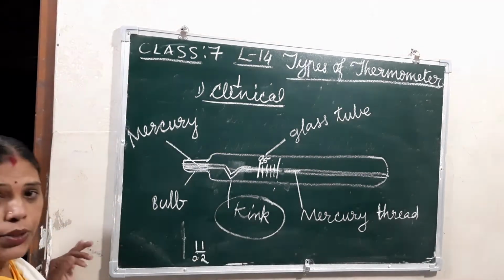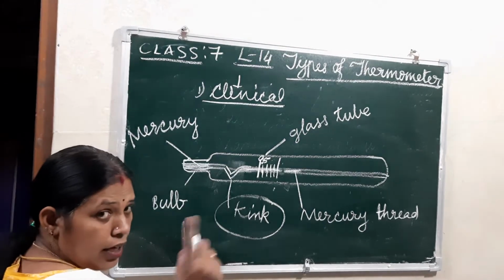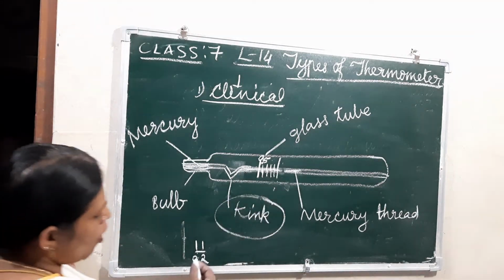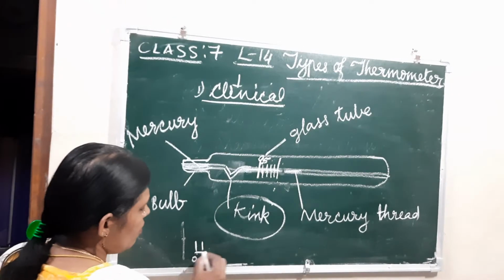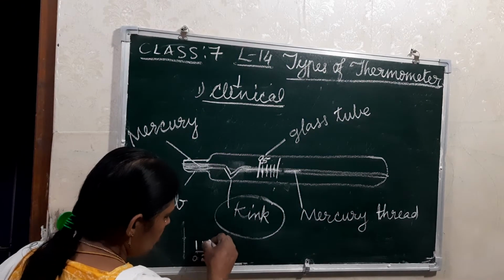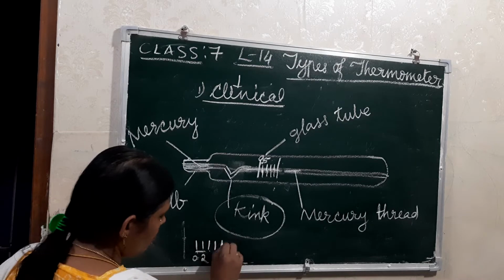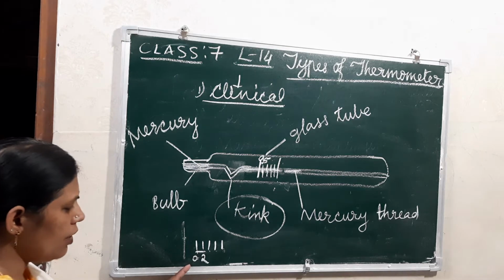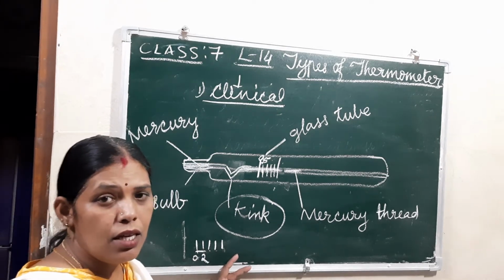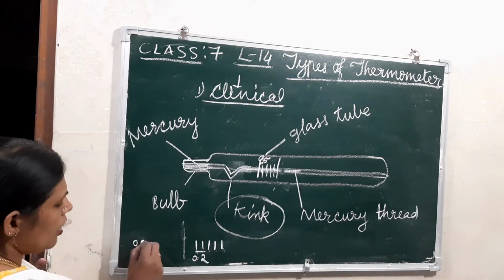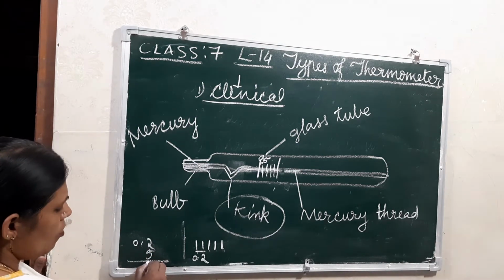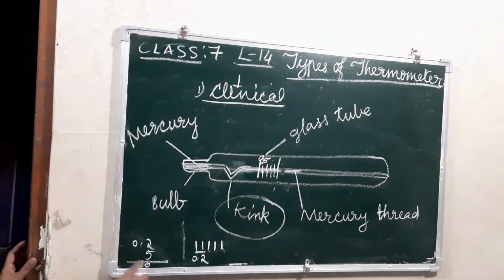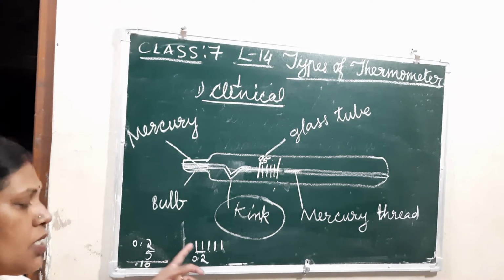So for 1 degree, how many small divisions will be there? 0.2, then again 0.2, 0.2, 0.2. That means 5 divisions should be there. Each counted as 0.2, so 0.2 into 5 will be 1. That means 1 degree.